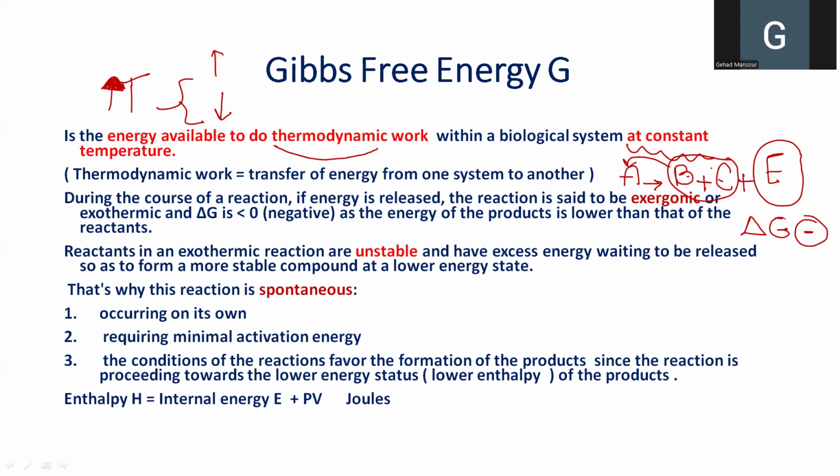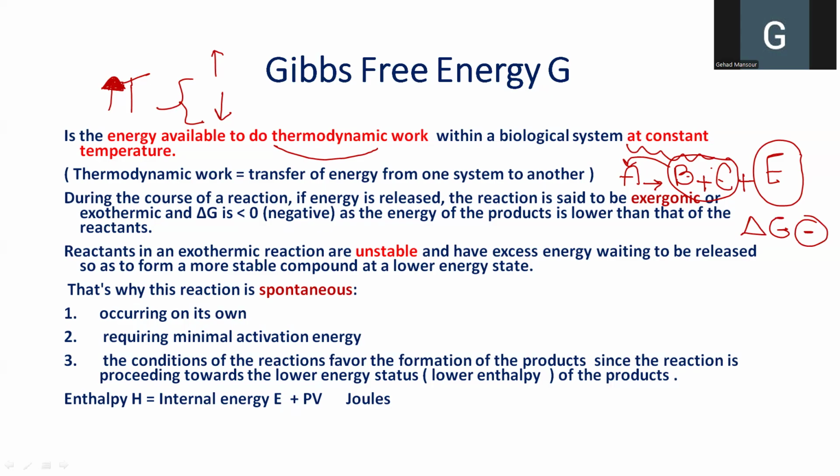So all exothermic reactions are considered having a negative delta G, or change in Gibbs free energy. In an exothermic reaction, you know that the reactants have a higher potential energy than the products.